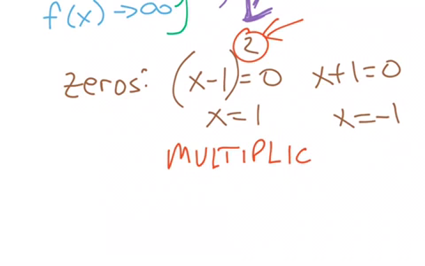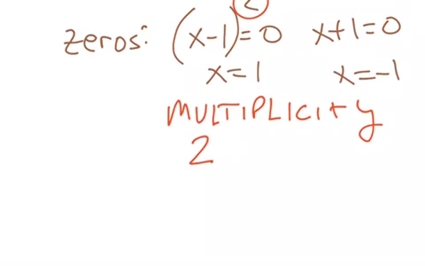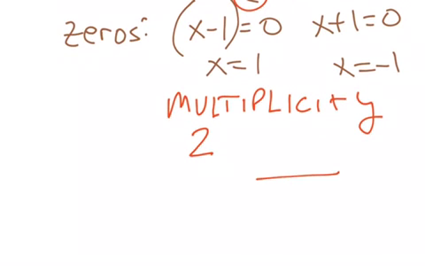Multiplicity here tells me that the value 1 has a multiplicity of 2, which means that when we graph, wherever 1 is, however the function is coming towards it, it will bounce off of it.